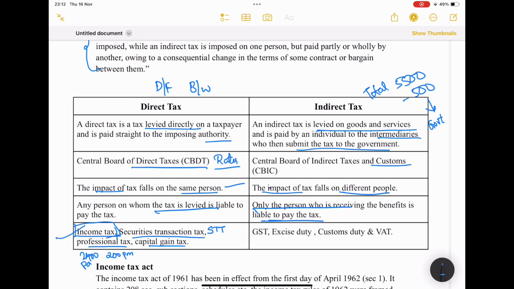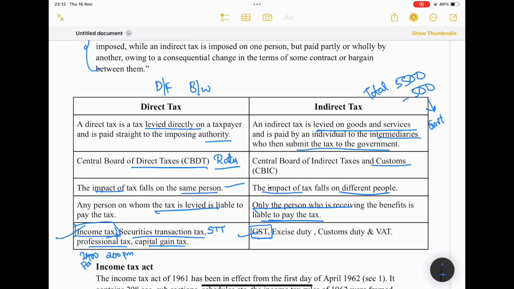Okay, next, types of indirect taxes. GST, a very important and very good concept. GST is nothing but goods and service taxes.